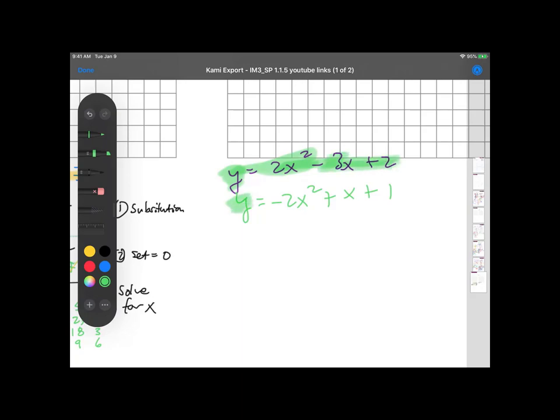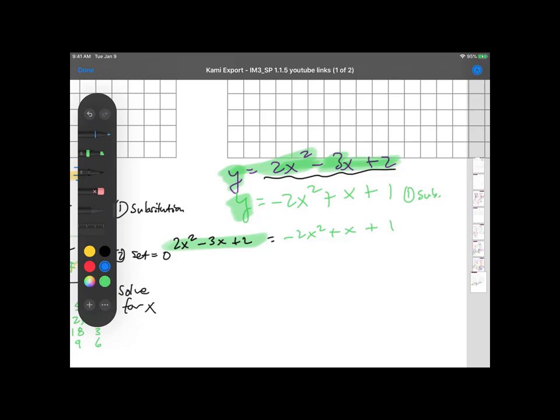I see a y right here, and instead of writing y, we're going to write 2x squared minus 3x plus 2. This side remains the same. What we just did is the substitution method, and it eliminates the y variable.